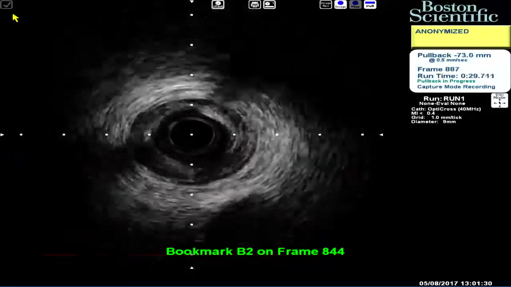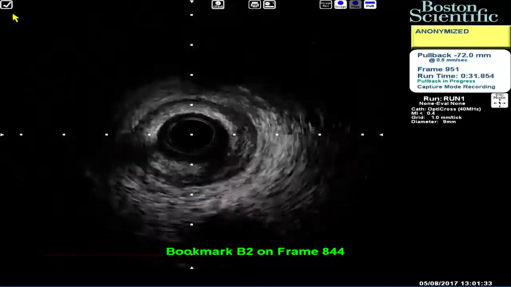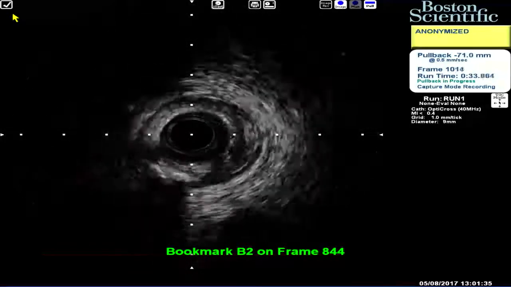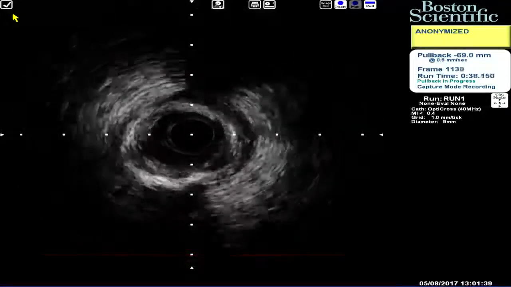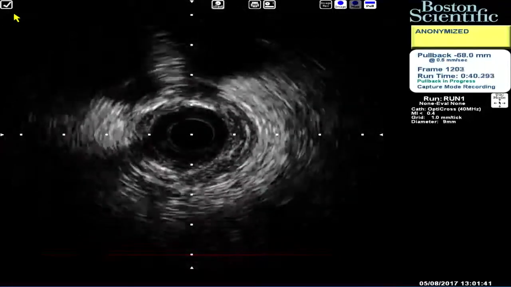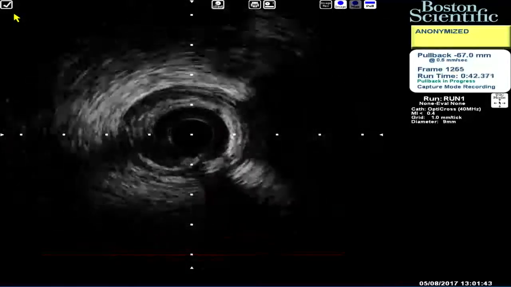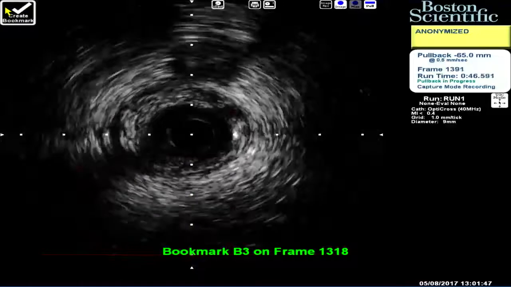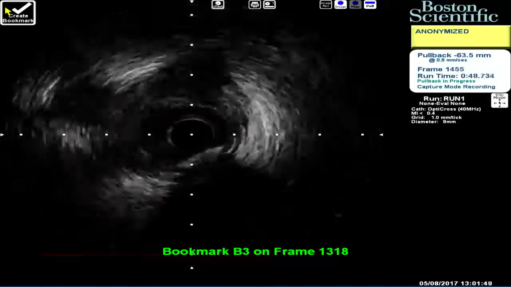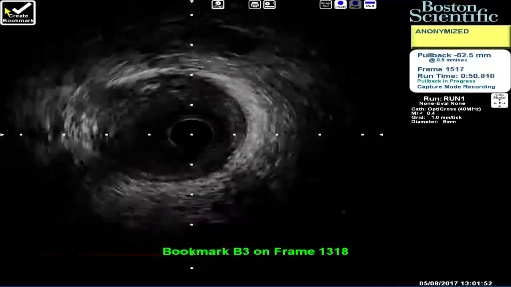Little distal, distal large plaque. The vessel size is about 3 millimeter. And this is the bookmark one. This is the lesion of that occlusion. Still there is a large residual plaque. This is the proximal vessel.